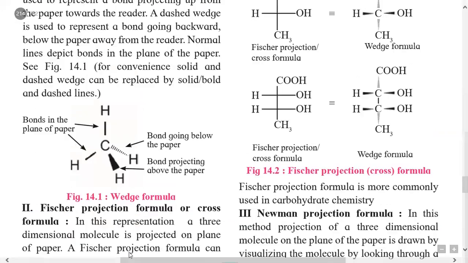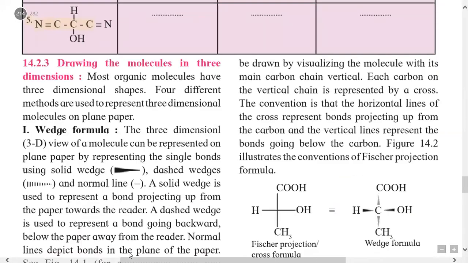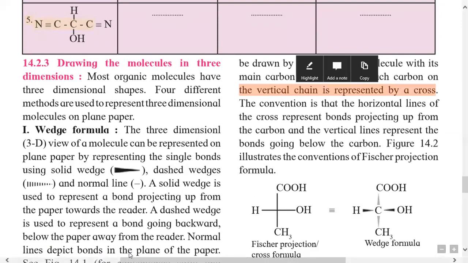The Fischer projection formula can be drawn by visualizing a molecule with its main carbon chain vertical, and each carbon on the vertical chain is represented by a cross, meaning, in short, a cross indicates the carbon.